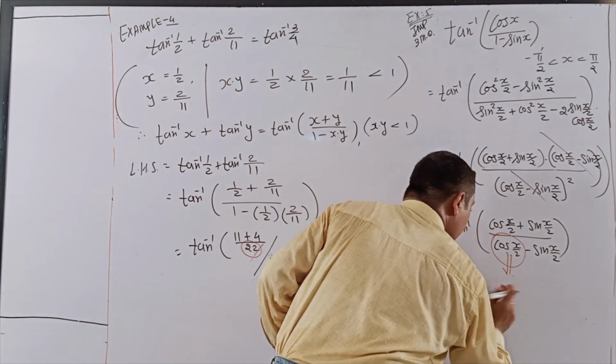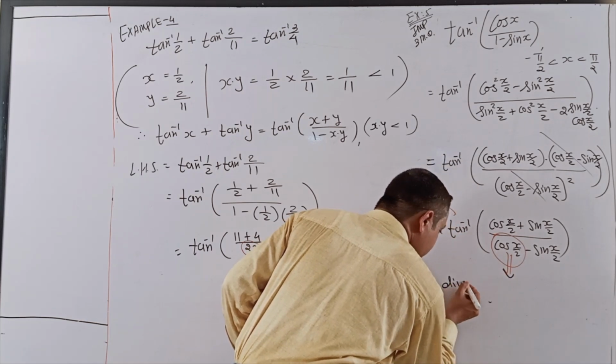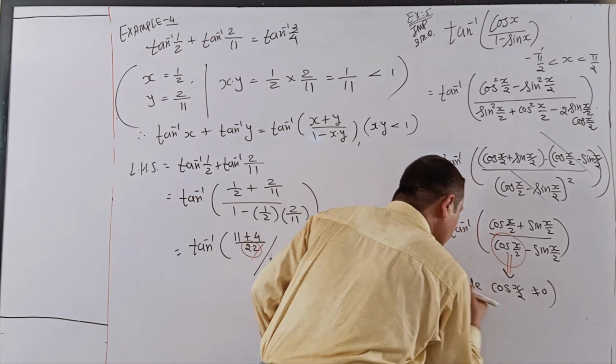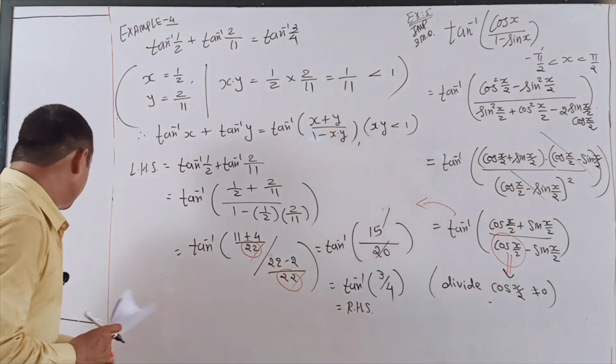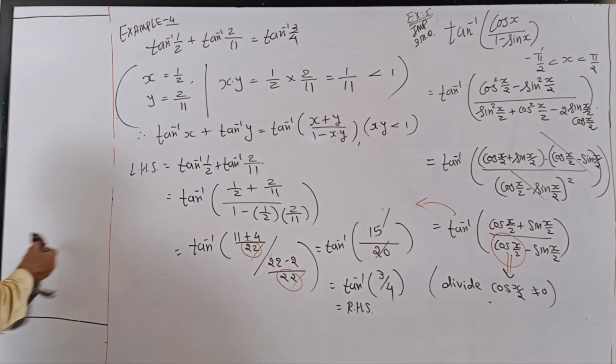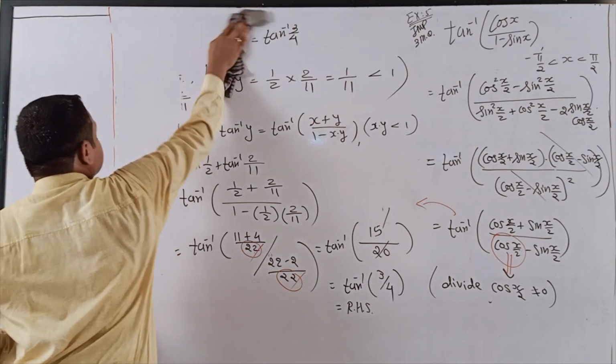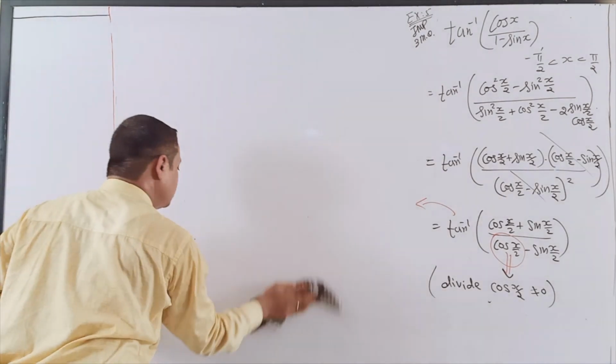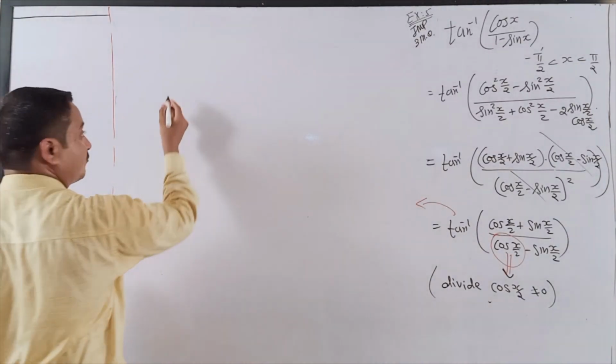Properly write: divide by cos x by 2, in the upper and lower both sides, numerator and denominator. So after dividing, you surely get the internal value in the tan function.